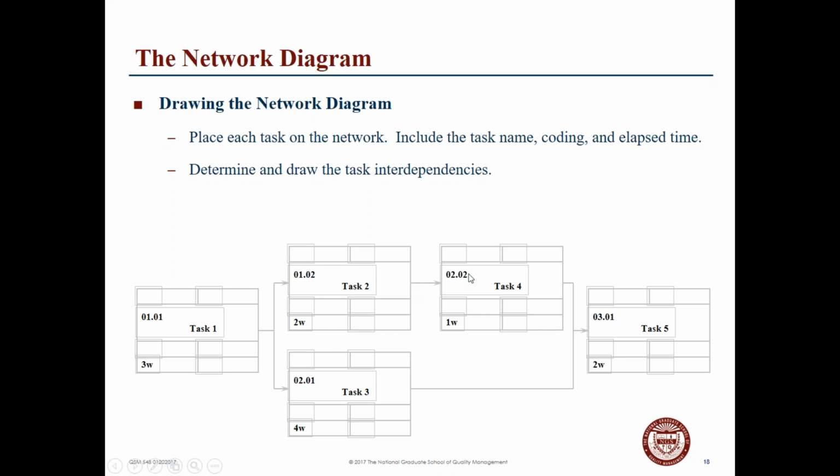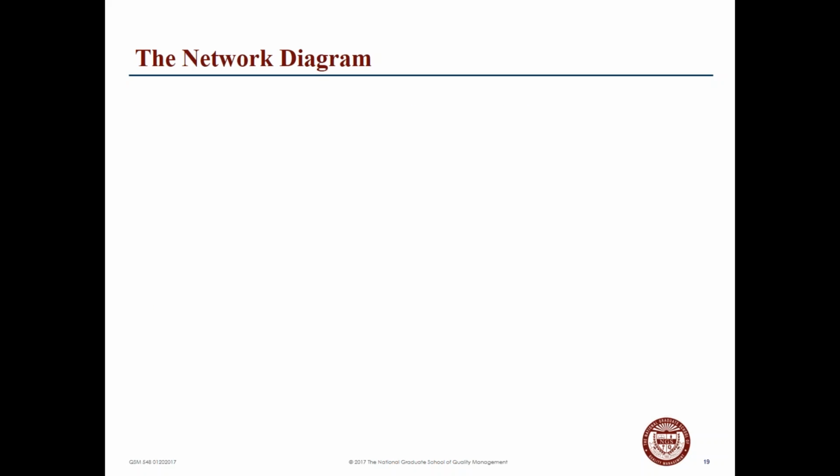And again, task 2.2 moves directly to task 4. And then together they all come down to task 5. So again, elapsed time is the total time expected for the duration of the task.